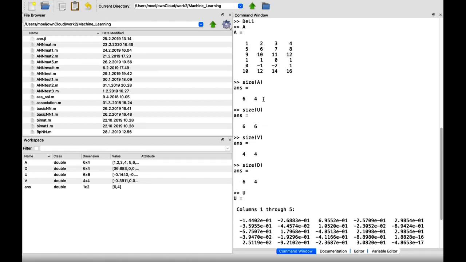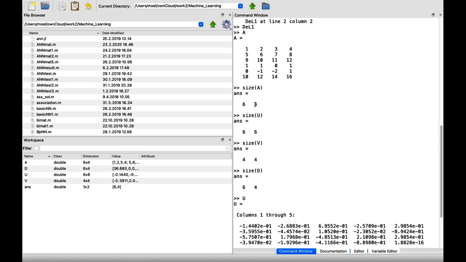If you remember from the theoretical session, we said that the rank of the matrix must be less than or equal to the minimum of the number of columns and rows. Here the minimum number is for the columns, and it is 4, which means that the rank of this matrix must be less than or equal to 4.